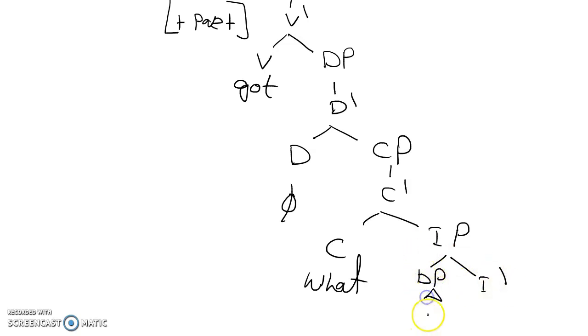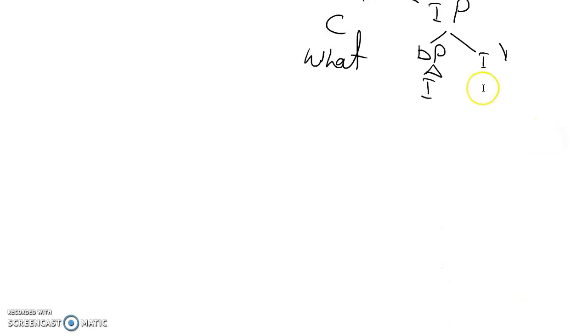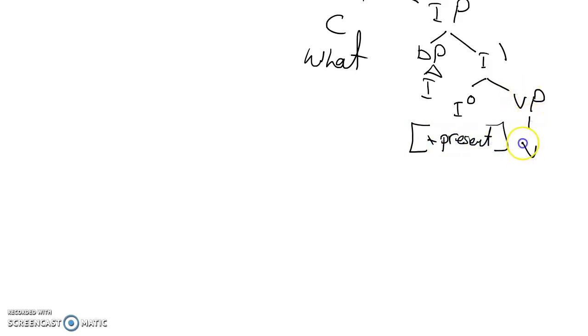The DP is I, the pronoun I. And for the I bar, I have to get an I0 and VP. Okay, what I say, let's say, it is with plus present. And for the say, simply I have to get the V bar and verb and say.